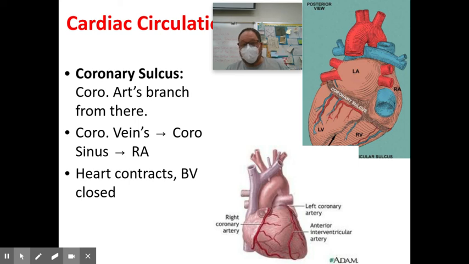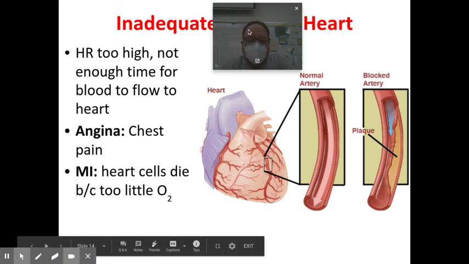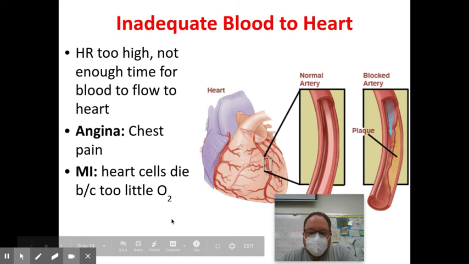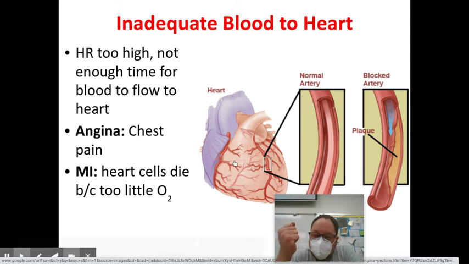And if you go above your max heart rate, your heart is actually contracted so much time per minute that you start to diminish the ability to deliver oxygen to the heart itself. Again, you can experience inadequate blood flow to the heart. So if your heart rate is too high, the vessels are squeezed closed too much of the time, and there's not enough time to deliver oxygenated blood to the heart.